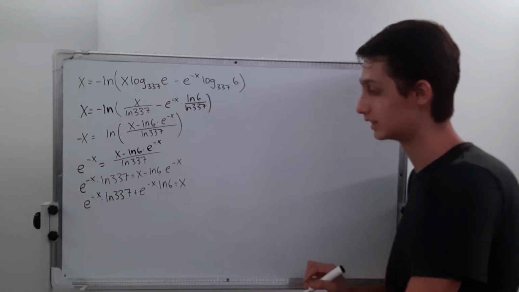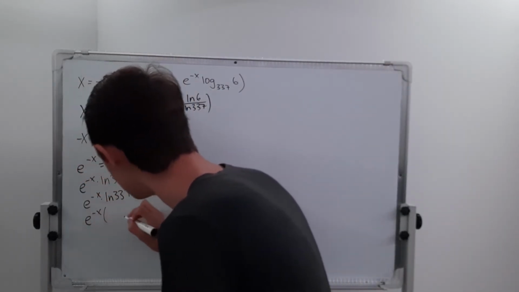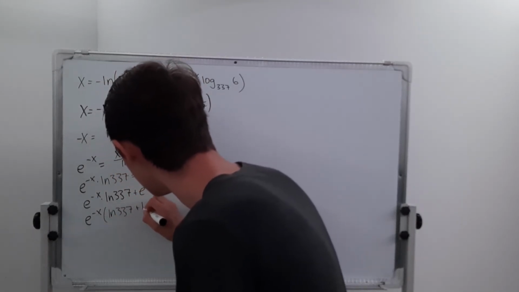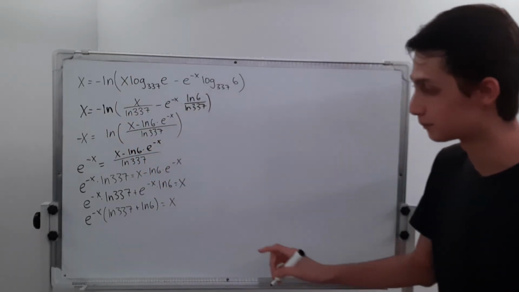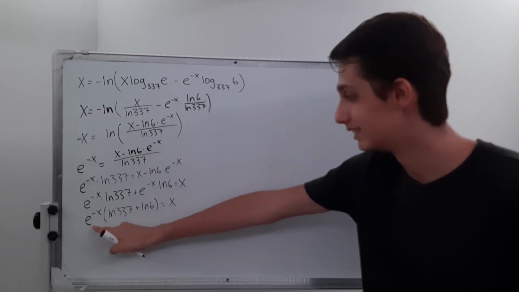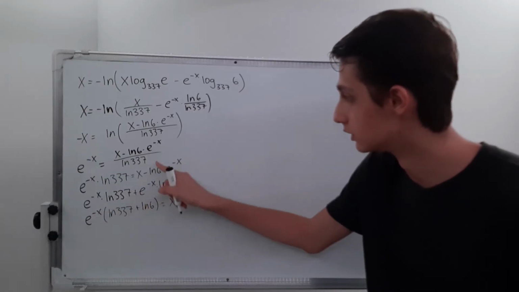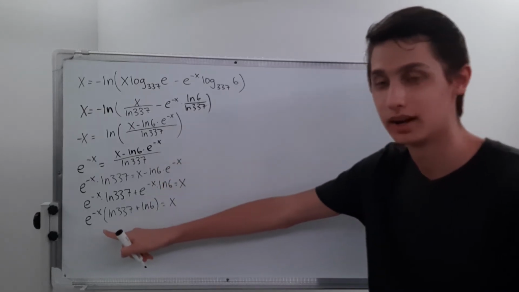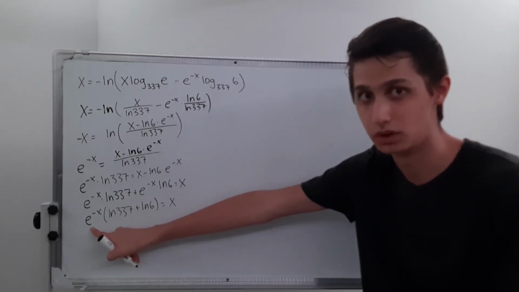And we can now factor e to the negative x out, so we have e to the negative x times ln of 337 plus ln 6 equals x. Okay, well, what if we multiply by e to the x on both sides, right? Let me just make sure I'm doing this right. Yeah, so what if we multiply by e to the x on both sides? Well, e to the x times e to the negative x is just 1, right?